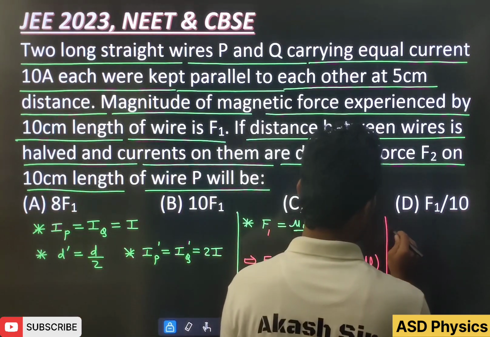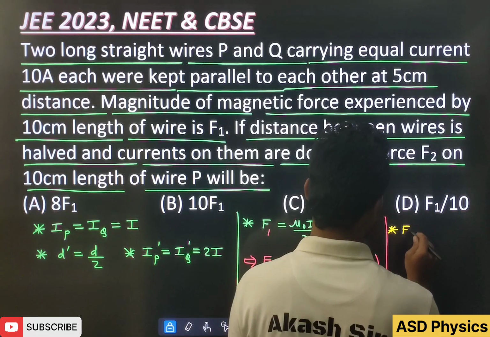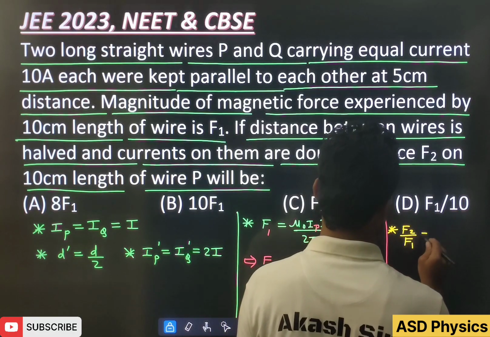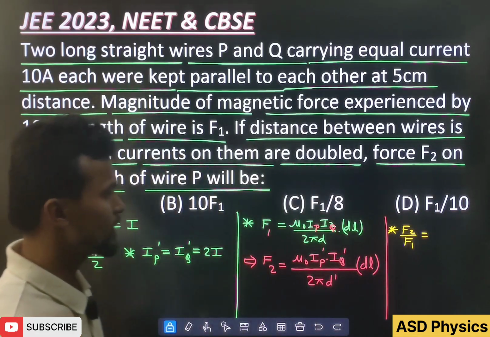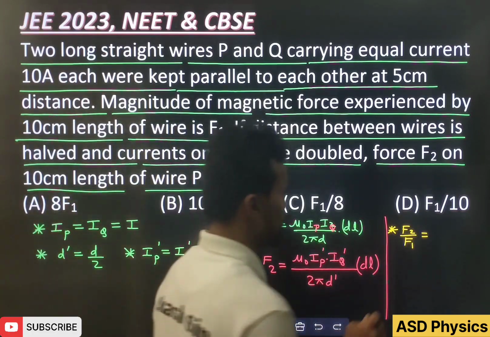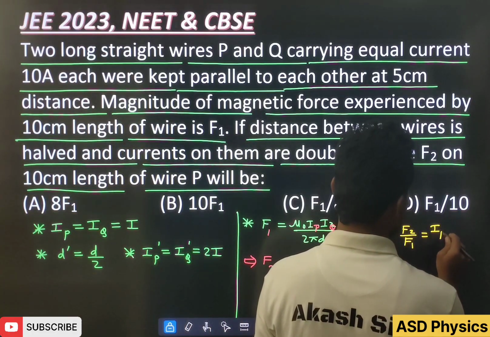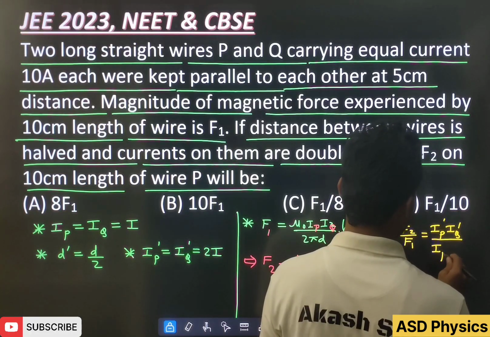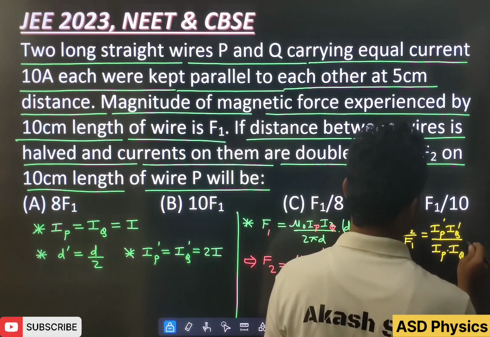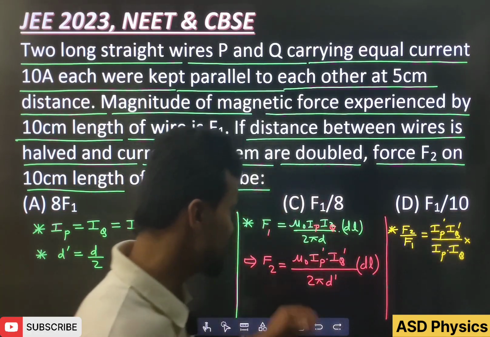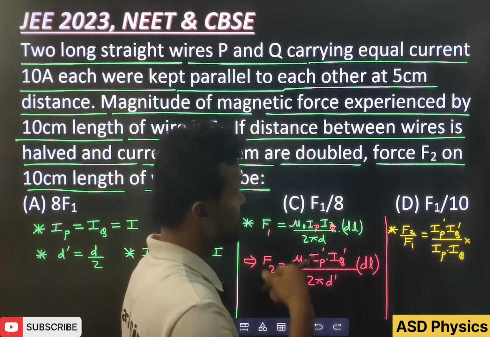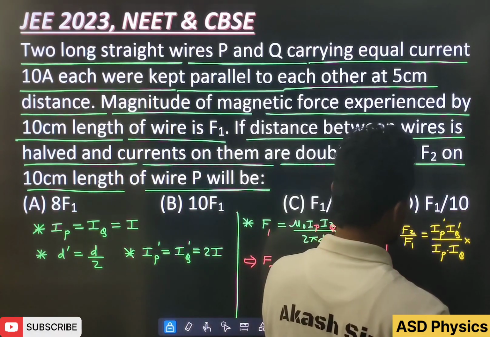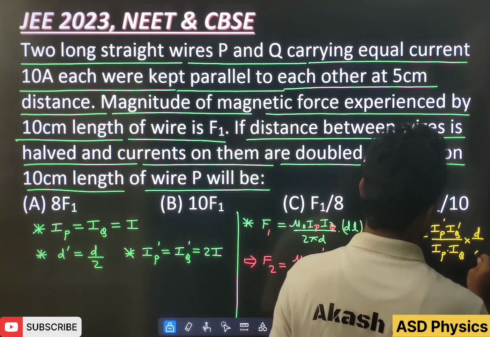So when I divide these equations, you know what will happen here, F2 by F1 is equal to mu naught by 2 pi, all will cancel out here. So this will become IP dash IQ dash by IP into IQ, directly proportional now, into distance's reciprocal, that means it will become reverse. That means remember that this will become here D by D dash.